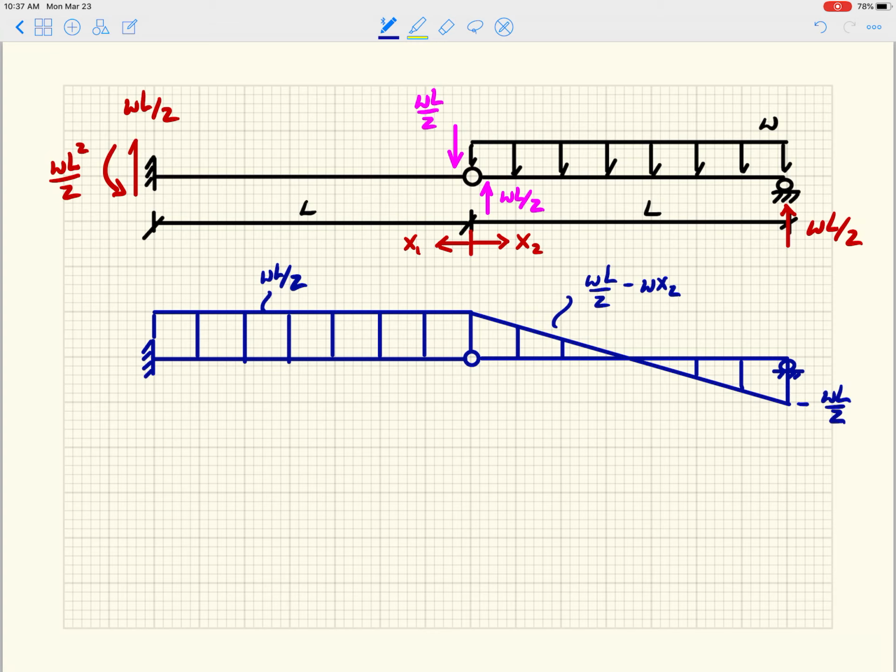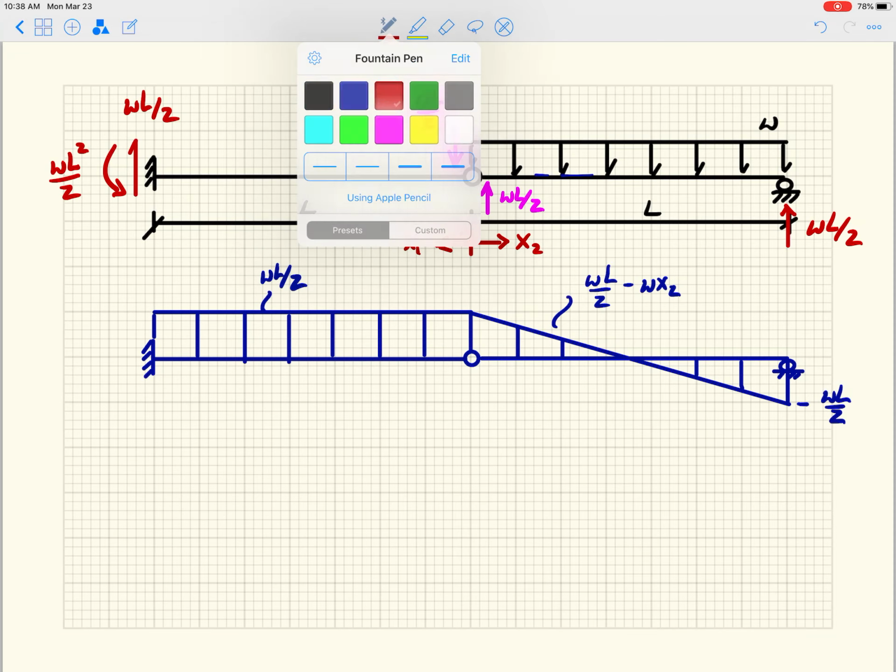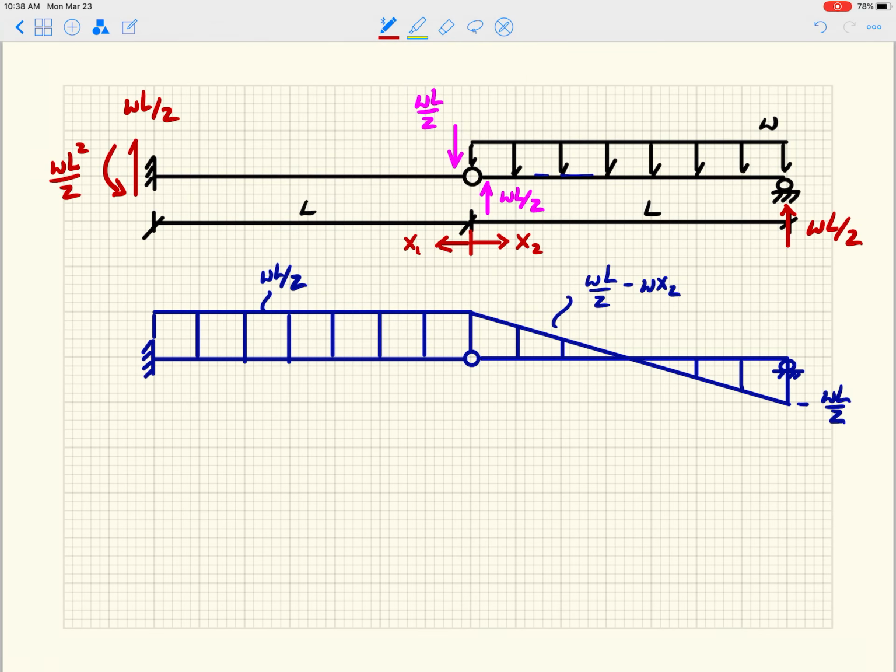So the fact that I have no distributed load on the left-hand part, that means my shear is constant, right? I have a uniformly distributed load on the right-hand part, that means my shear varies linearly, right? So always one order above. Okay, so now the last one, maybe slightly more interesting than the others, looks like this.